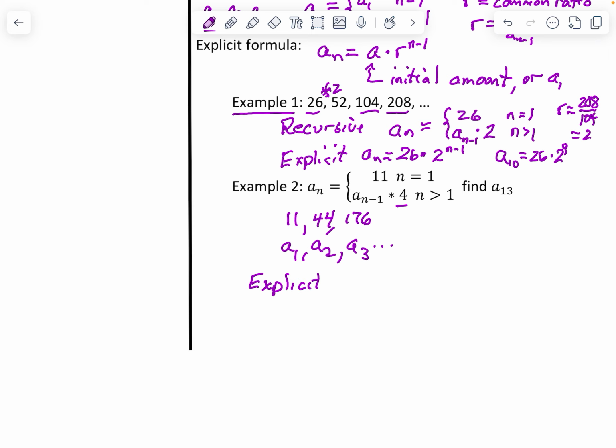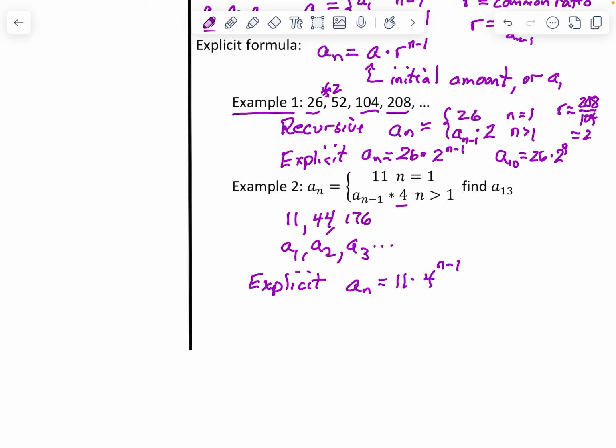So the explicit formula would be a sub n equals, and we list the first term, 11, times the common ratio, which is 4, we're multiplying by 4 each time, to the n minus 1 power.